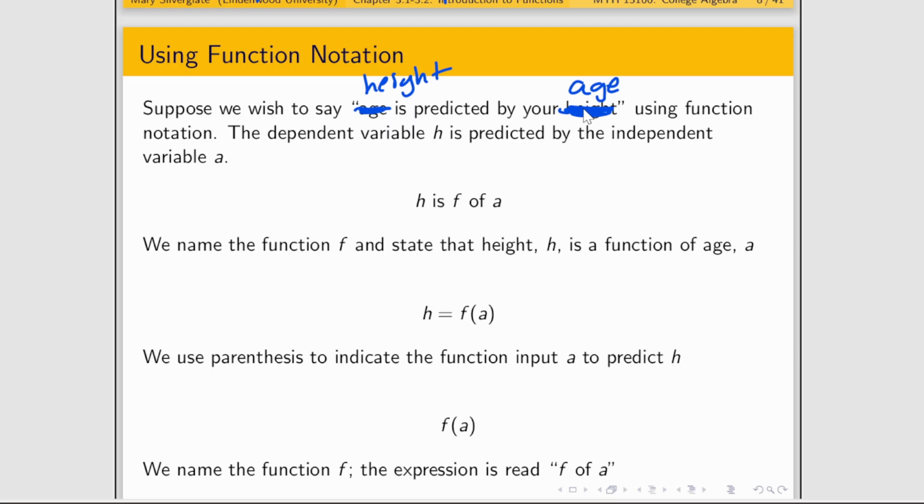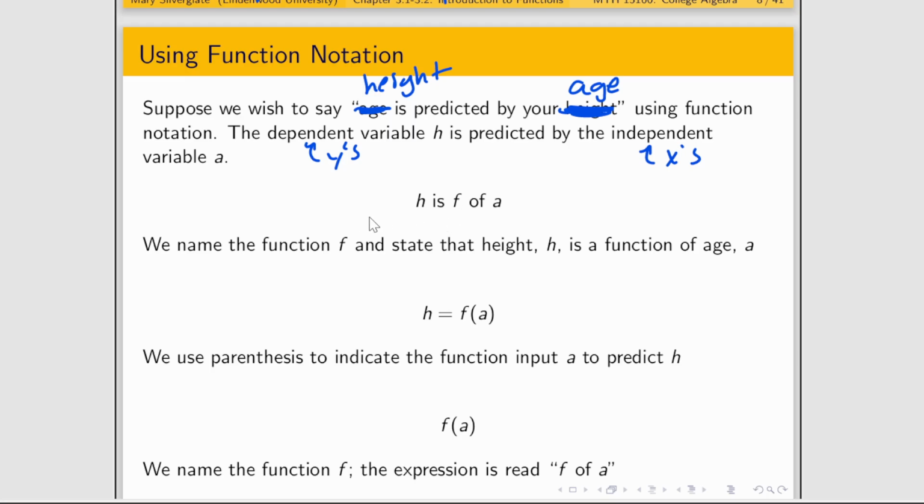So if we want to say height is predicted by your age, using function notation, your dependent variable, what I am predicting, is your height, predicted by your independent variable, which is your age. So here that means your y is your height and your x is your age. So we're saying height is a function of age.